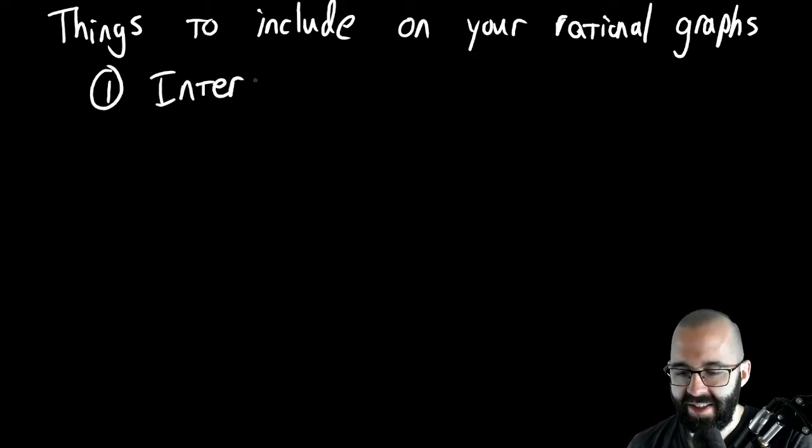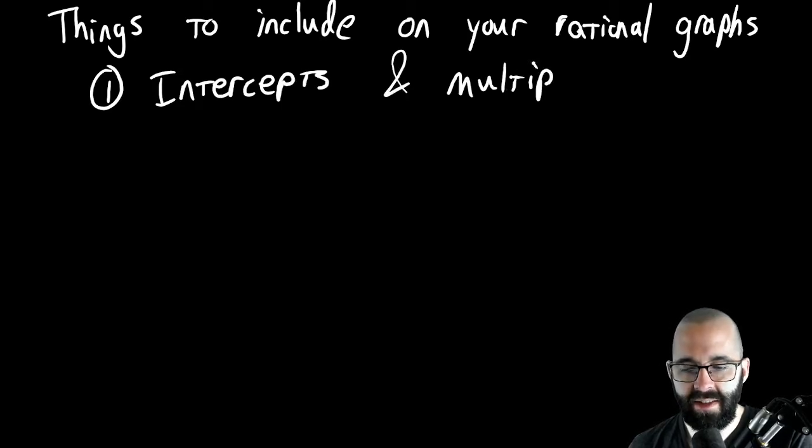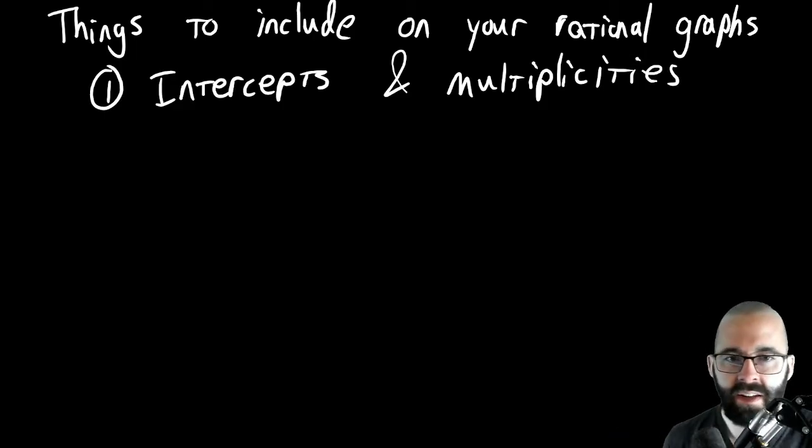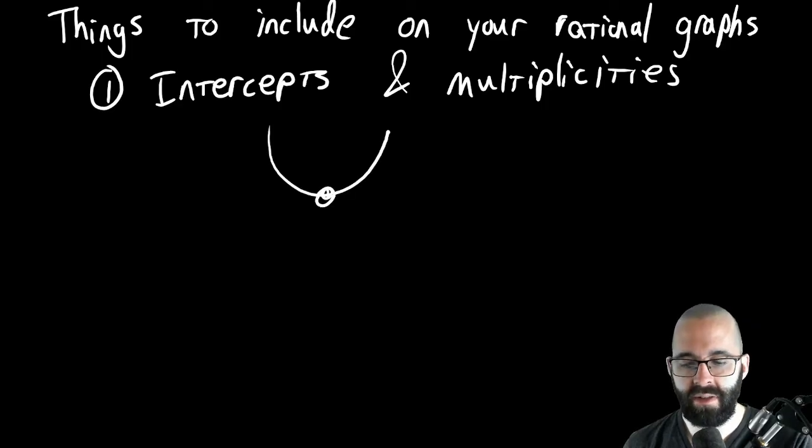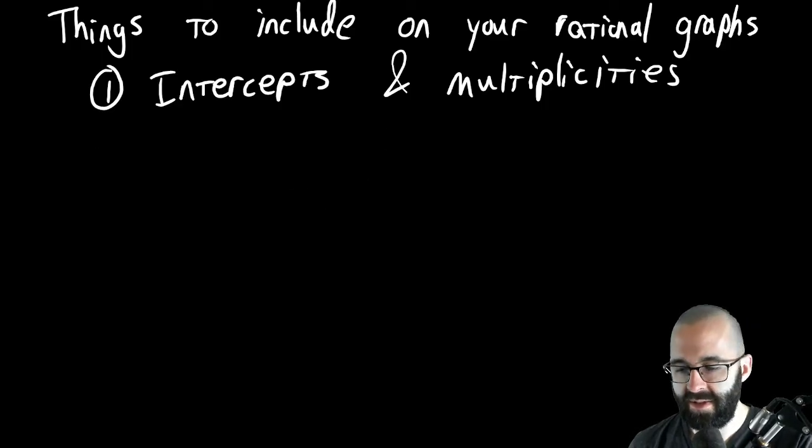Include the intercepts and the multiplicities, just like 5.3. If there's an x-intercept with a multiplicity of 2, it should bounce off the axis right there.